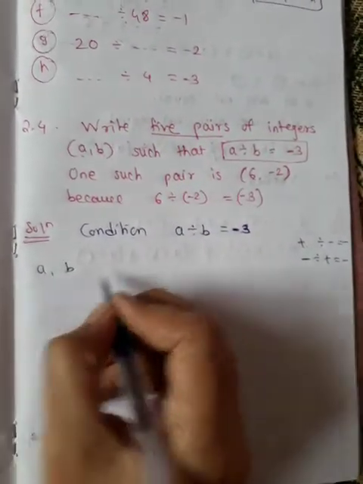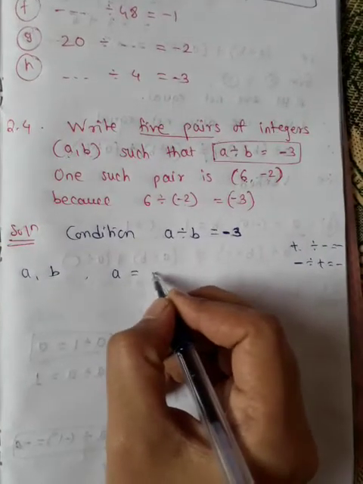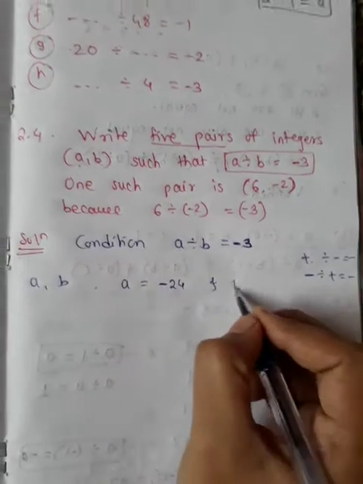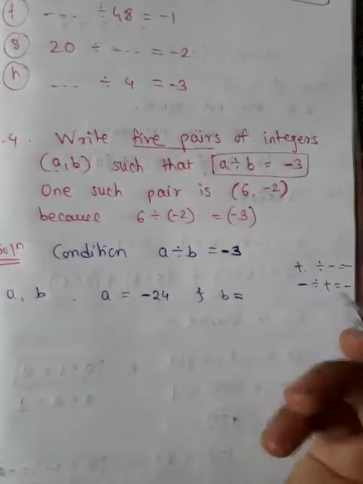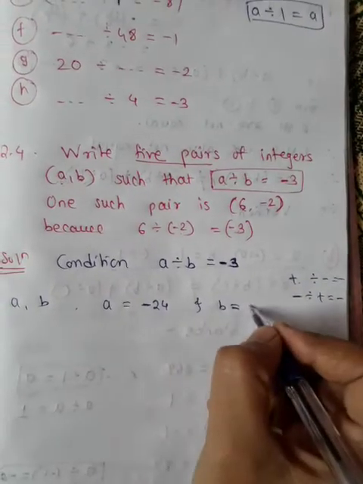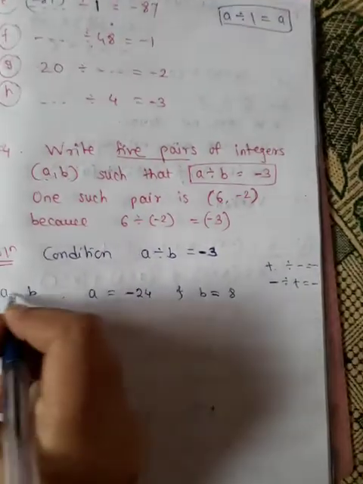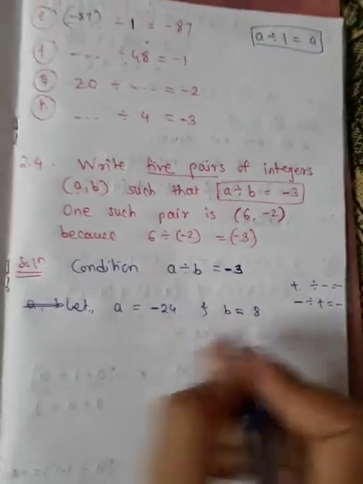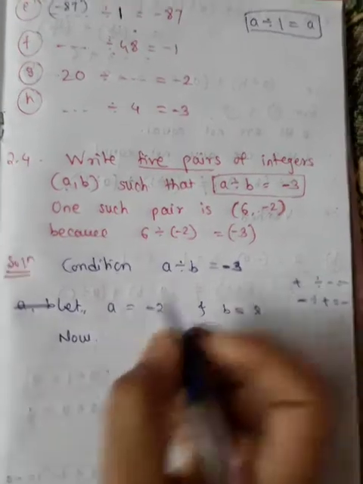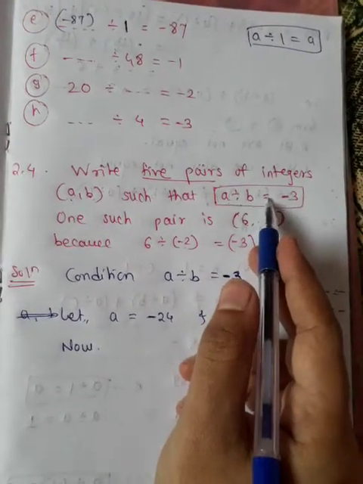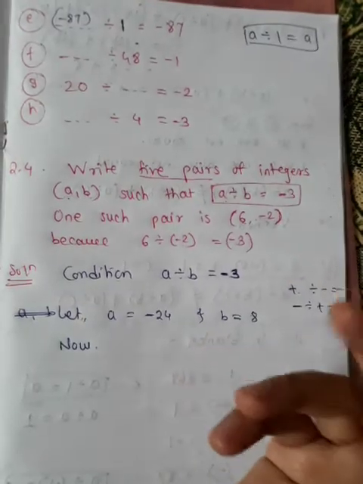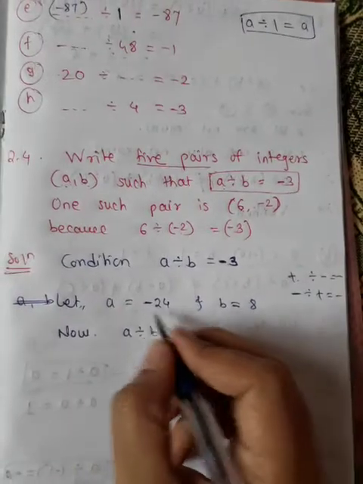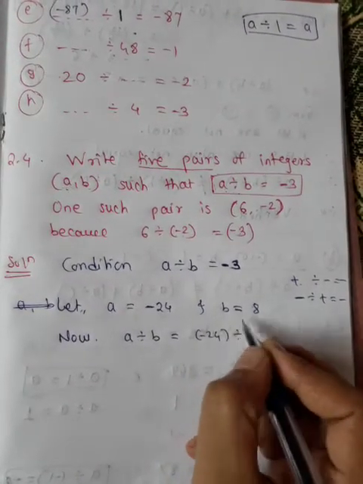So I will choose A as minus 24, for one integer negative, while taking B we take it as positive. So minus 24, and I take B as 8. So let A be minus 24 and B be 8. Now we have to check that A divided by B must give minus 3. A is minus 24 and B is 8.